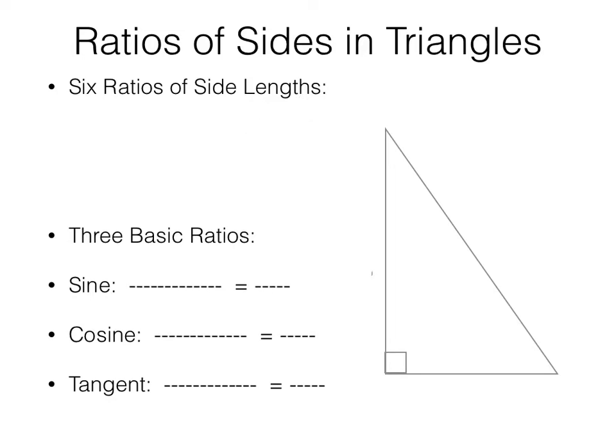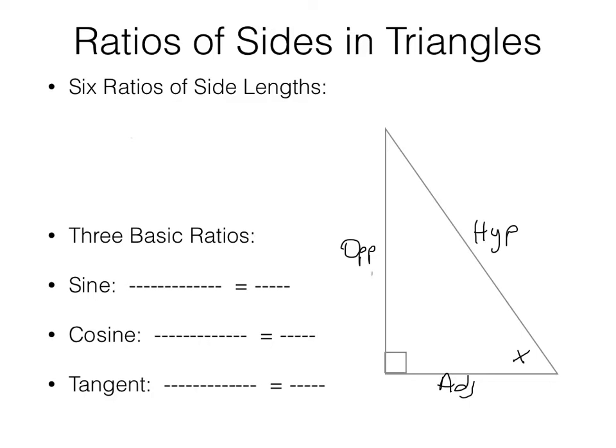Okay, so we have a right angle here. And I'm going to use this side x, right? So I want the 3 basic ones. So opposite for this angle x is going to be this side. Adjacent is going to be this side. And then, of course, we have the hypotenuse here. Sorry about that phone call that interrupted me.